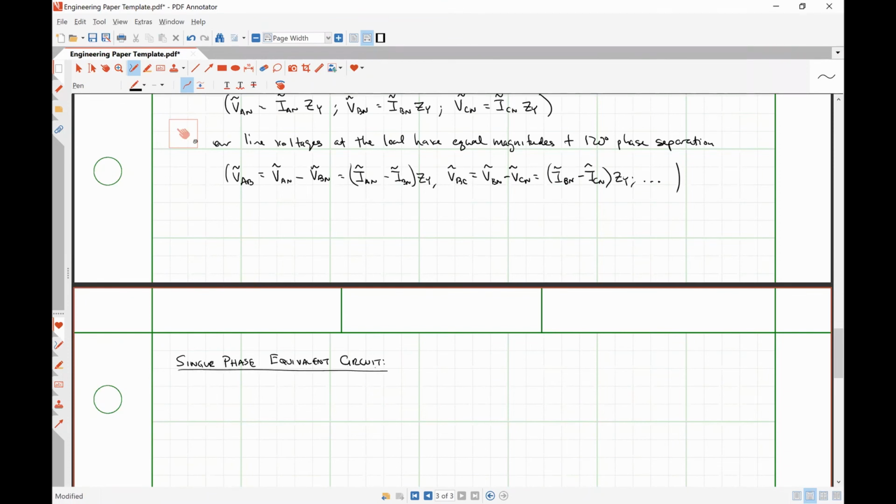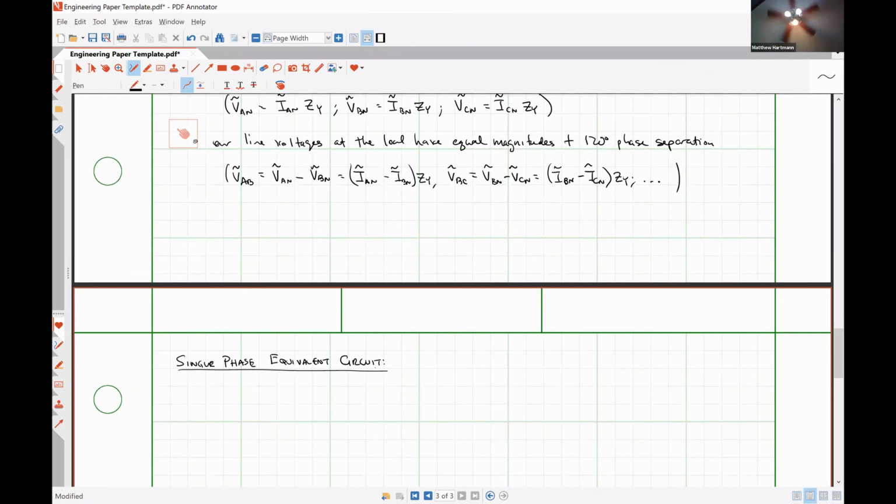All right. So in our last example, we observed that for a balanced YY circuit, the voltage VNN was 0 and the current INN was 0. So that means that there's no voltage drop across the neutral conductor. We can treat it as a short circuit regardless of its impedance.